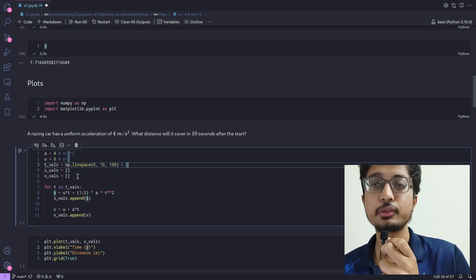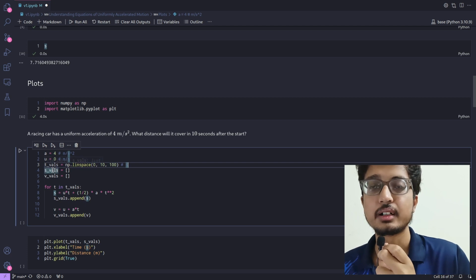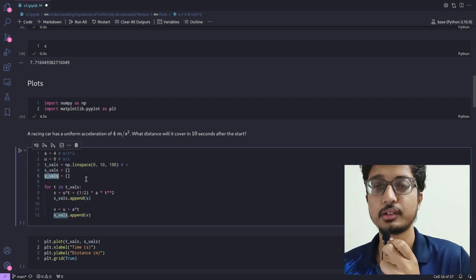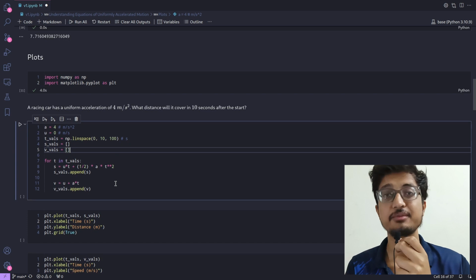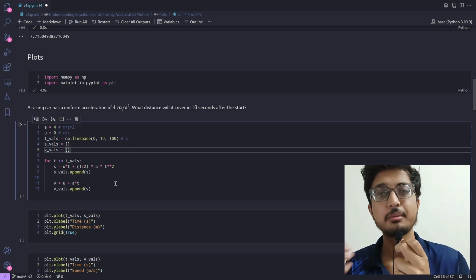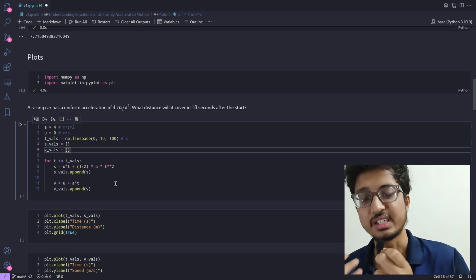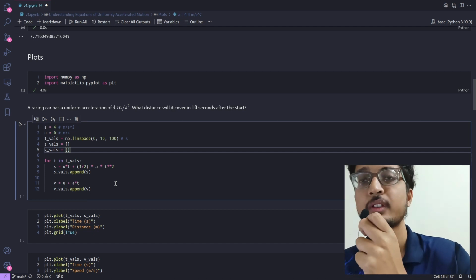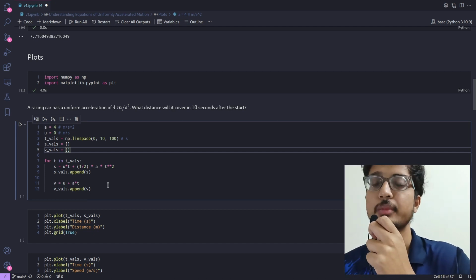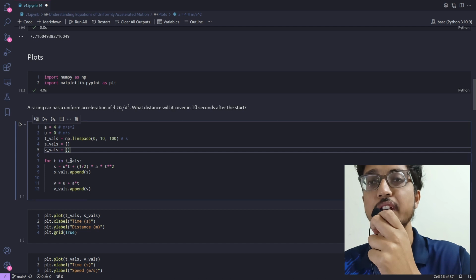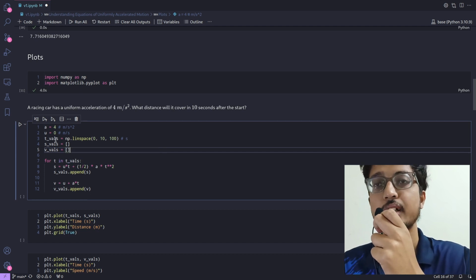Then I have defined two empty lists for storing the distance values and the velocity values. Now since there are multiple time values, I don't want to perform the same operation again and again manually. So instead of that, I am using a loop. Specifically, I am using the for loop. So this loop will go through each and every single time value here.